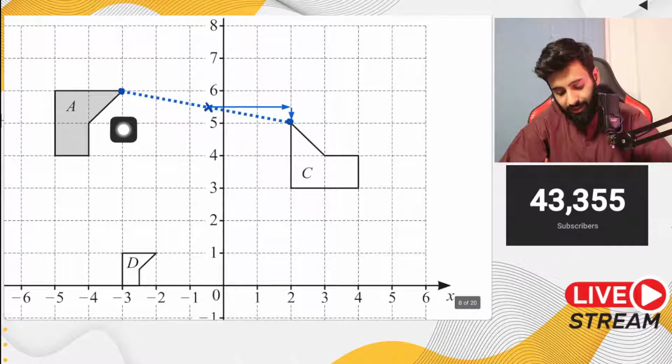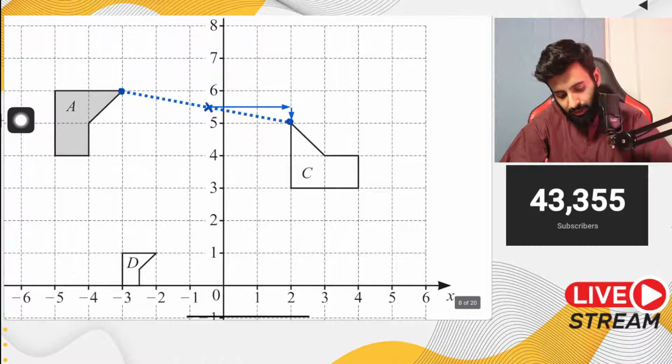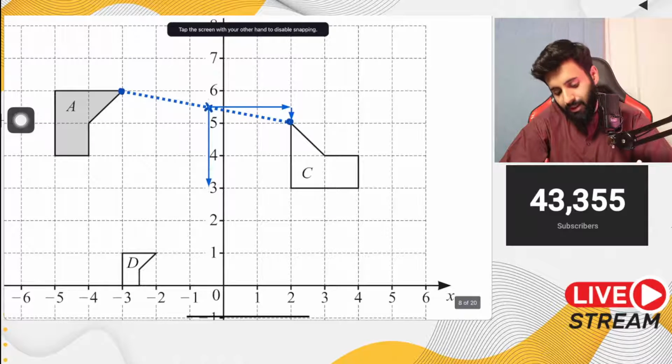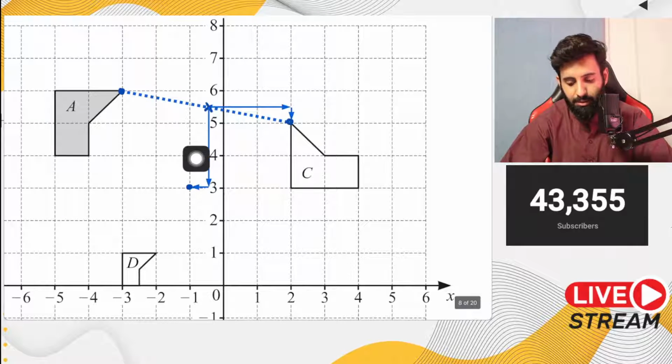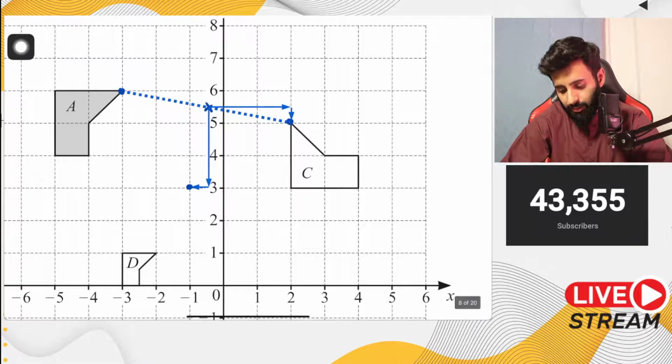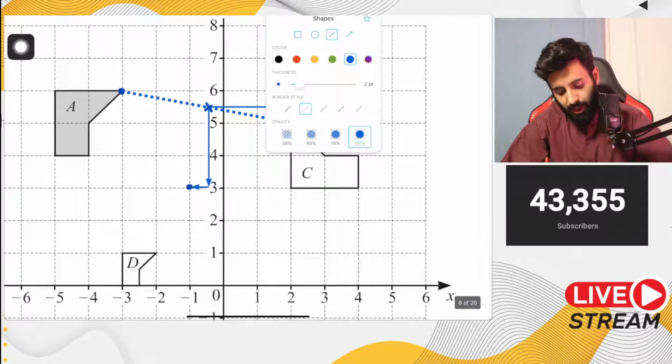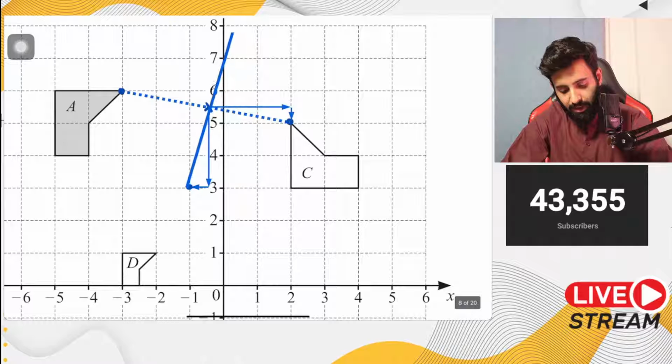If I rotate this 90 degree clockwise, it's going to be 2.5 unit down and half a unit left. So basically, we already have one point on the perpendicular bisector, and we're finding the other point. Now that we have the other point, we're going to make a straight line and extend it.